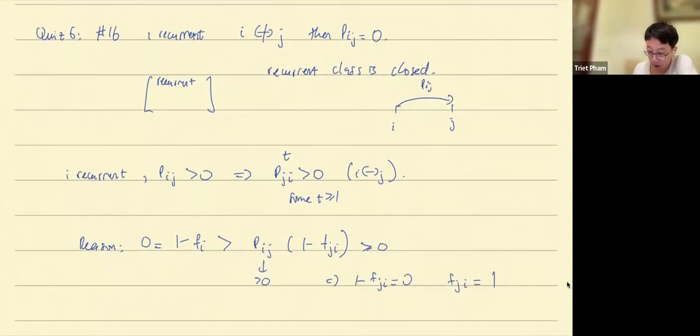But if you're guaranteed to go from j to i, that means you must be able to do it in some step. That's the argument.